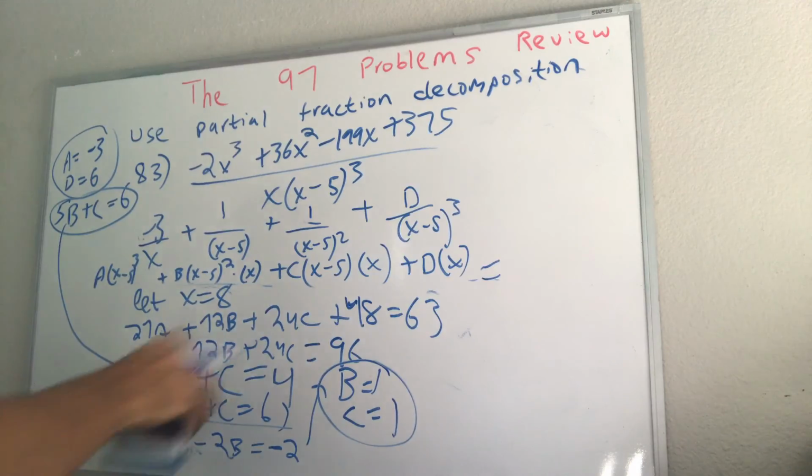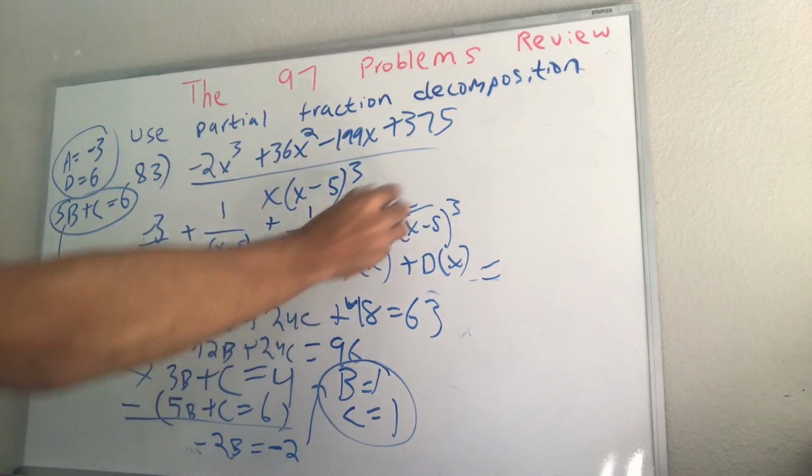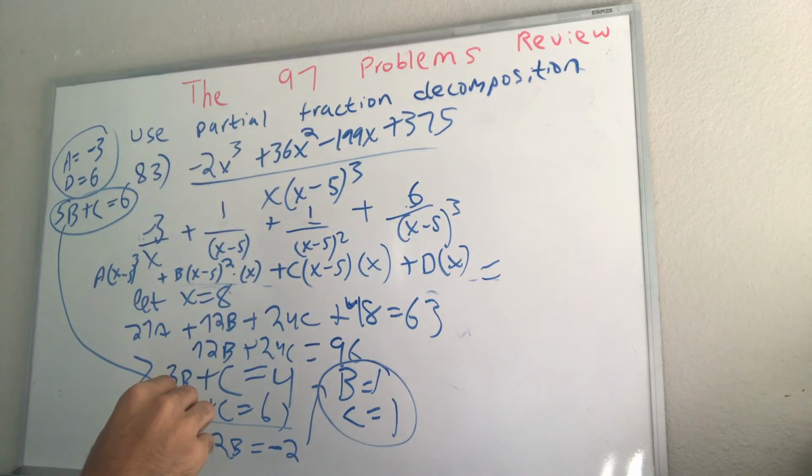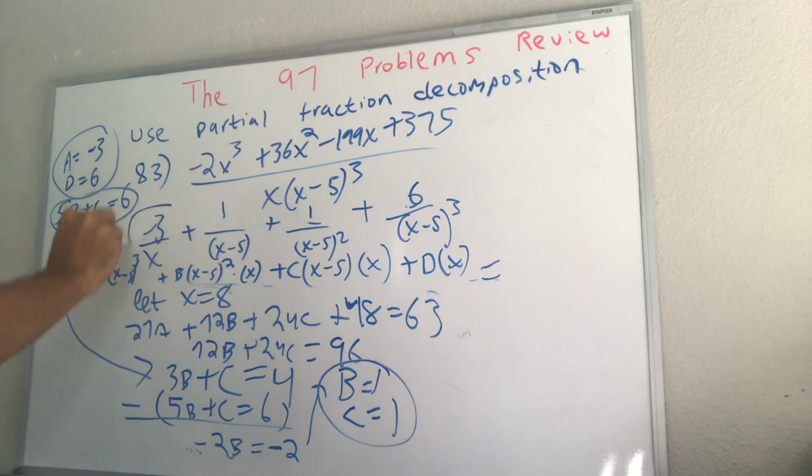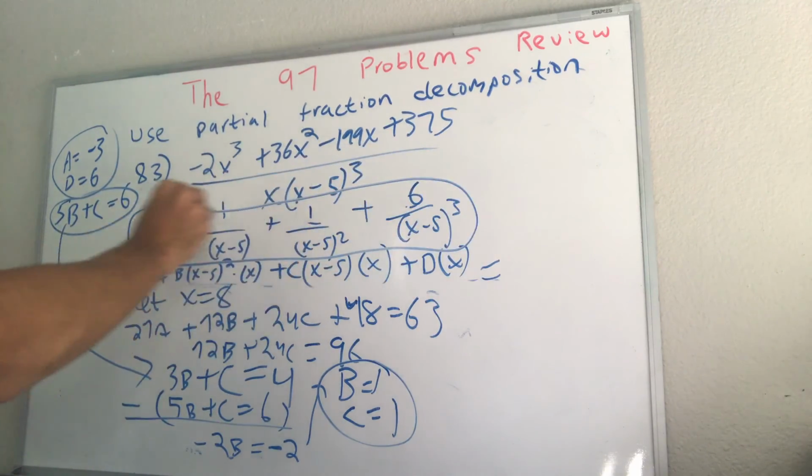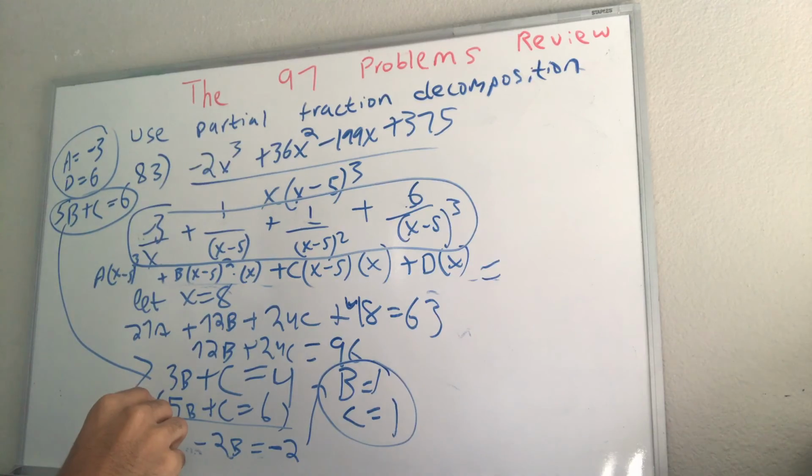And then the value for d is positive 6. Right, so when we're writing it, we're just putting those values back in. So our final answer is this, negative 3 divided by x plus 1 divided by x minus 5 plus 1 divided by x minus 5 squared plus 6 divided by x minus 5 cubed.